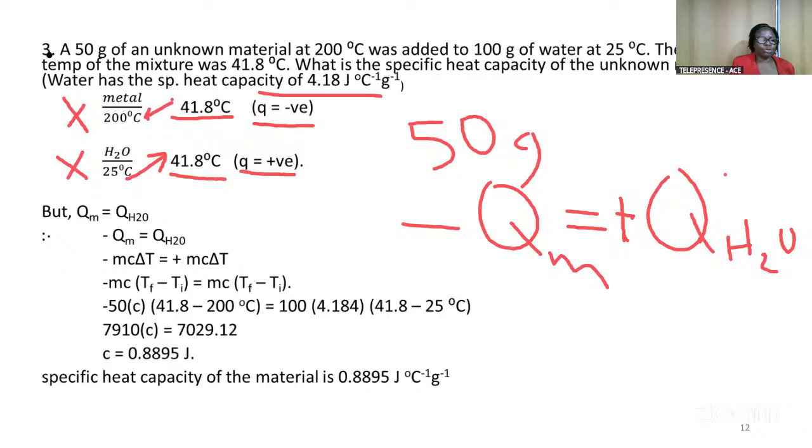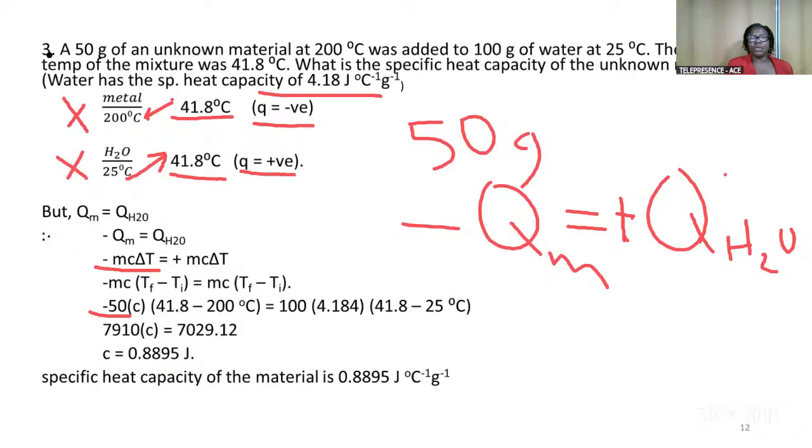Then all you need to do is to use the same expression for Q for each one of them, and then substitute the mass, the specific heat capacity, and then calculate the change in temperature for each of them. If you do this very well, you will realize that the material is 50 grams, so 50 grams has been substituted.